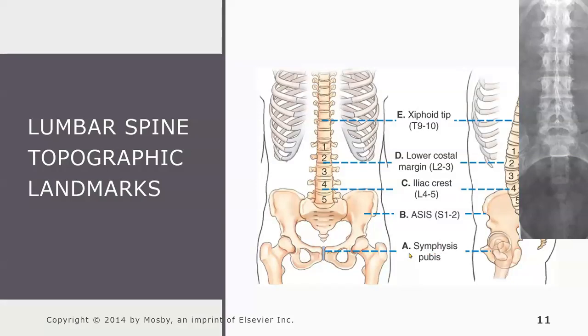So things to remember. Once again, xiphoid tip, T9, T10, lower costal margin is going to be at L2, L3, iliac crest, L4, 5, ASIS, sacrum 1 and 2, and the pubis lines up with the greater trochanter.